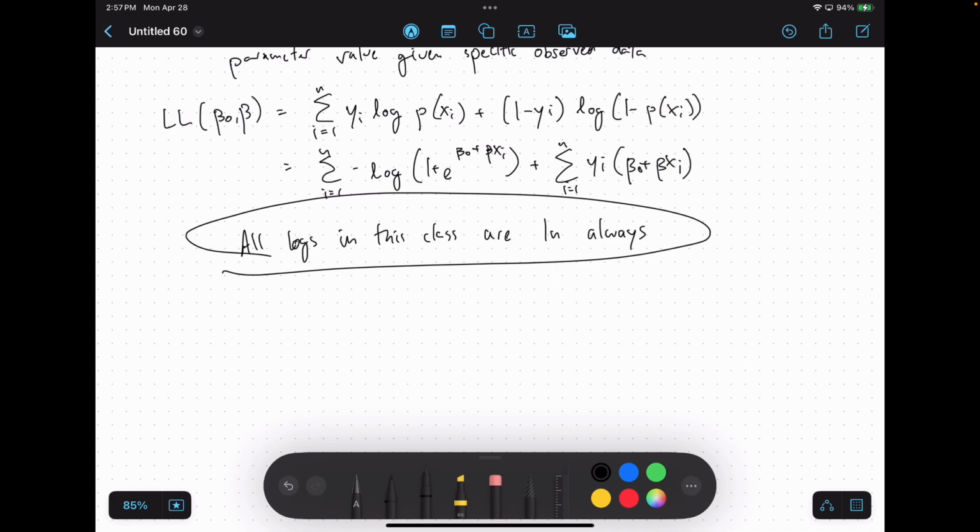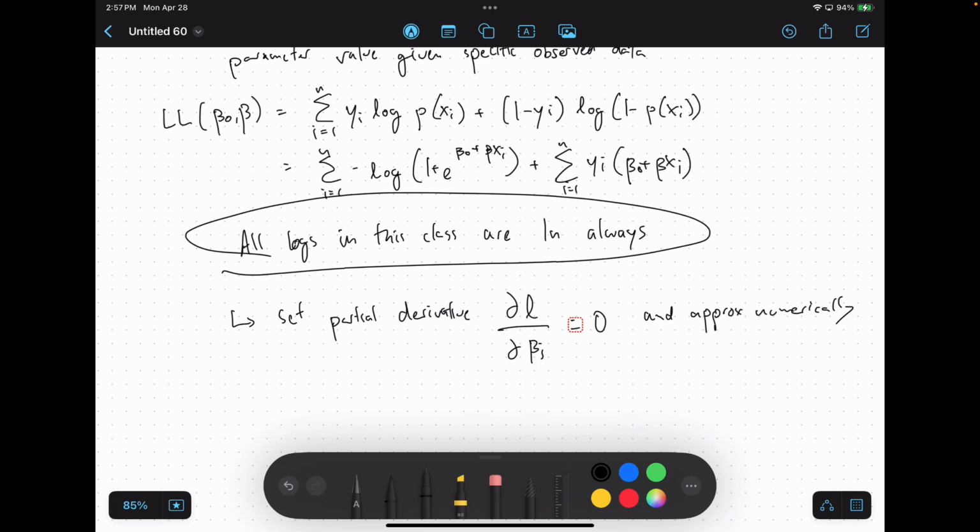So you basically set partial derivatives dl d beta j equal to 0 and approximate numerically. If you want to do lots of these theorems, you can take a real stats class.